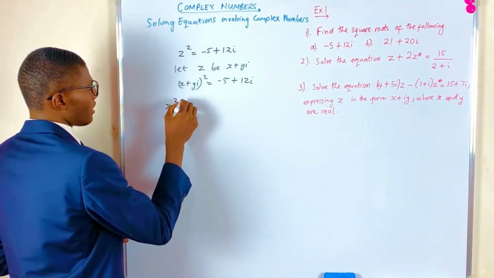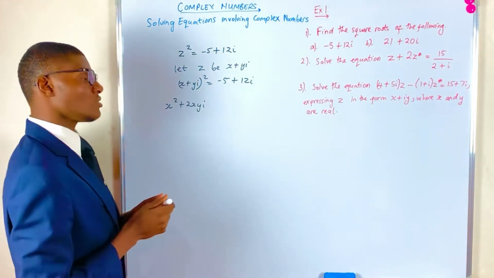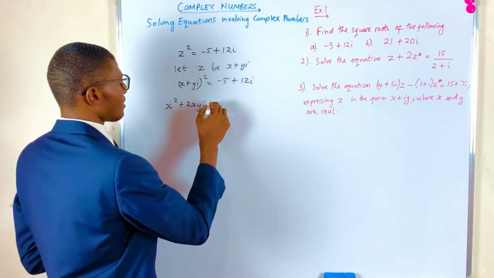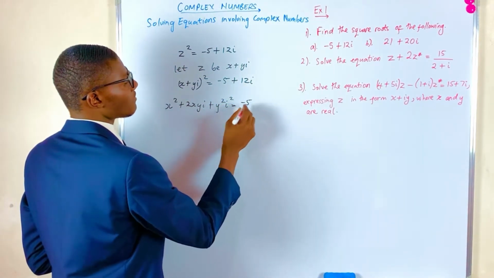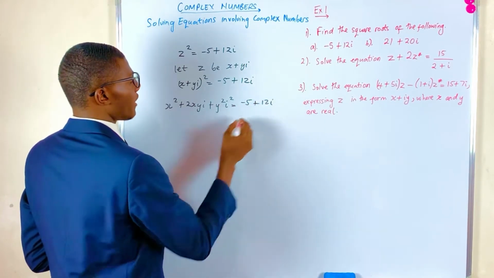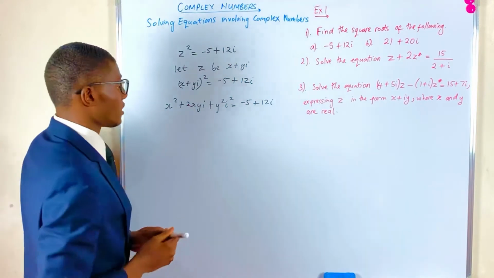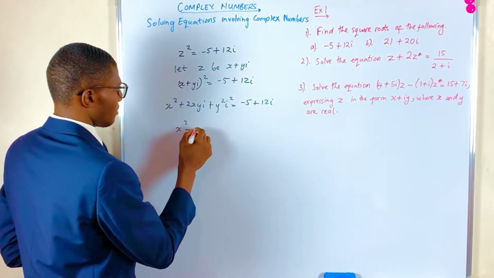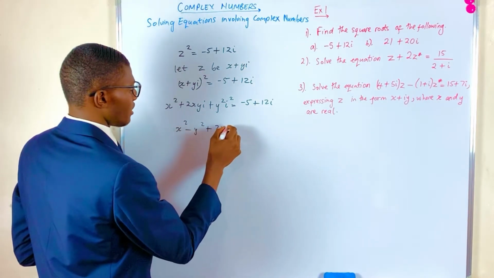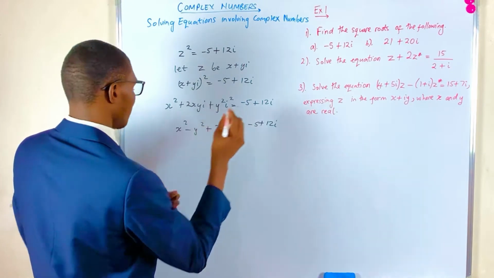Then x squared plus 2xyi plus y squared i squared should give us minus 5 plus 12i, and then because we know i squared is equal to minus 1, this will be x squared minus y squared plus 2xyi to give us minus 5 plus 12i, right?